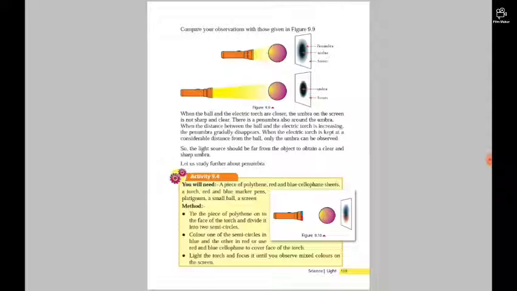Penumbra is formed by light rays, so its color is very light, low. But in umbra it's very dark. Okay, so remember these things, and remember that penumbra forms by the light rays.